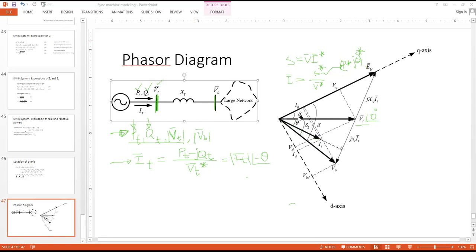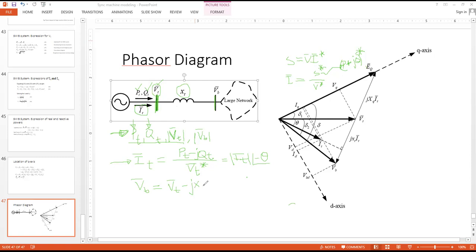Next, IT is done. The next step, once we know the IT, can we get VB from that? If you know IT, can we get phasor VB? What would be VB? We know IT, and we know this is the inductive reactance. So VB would be simply VT phasor minus, because the current is coming out of VT, so there will be a drop in voltage.